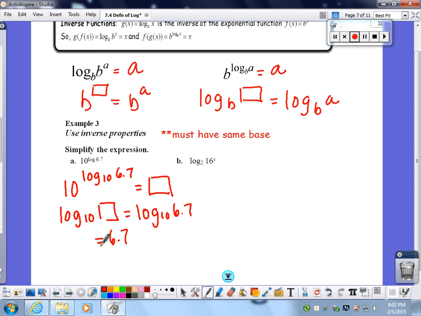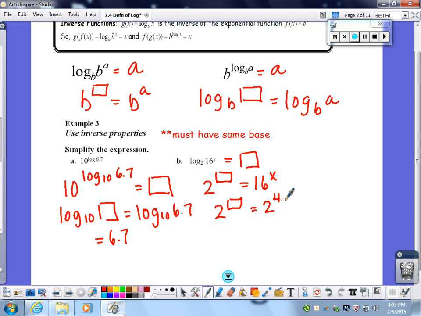All right, let's try another one. This is in log form. That means I'm going to change it to exponential. So I've got 2 to some unknown exponent is equal to my 16 to the x power. Now here again, I must have the same base. So how can I rewrite 16 with a base of 2?